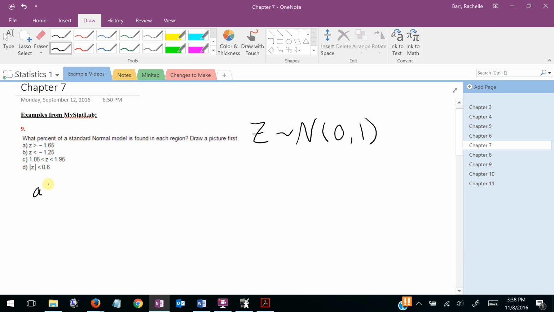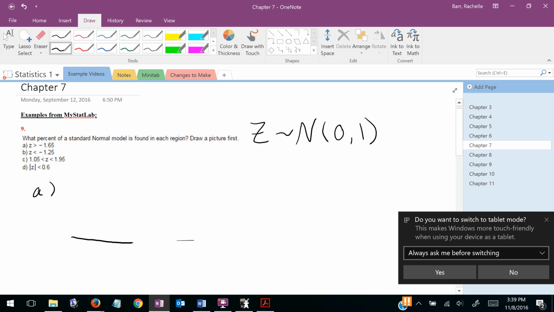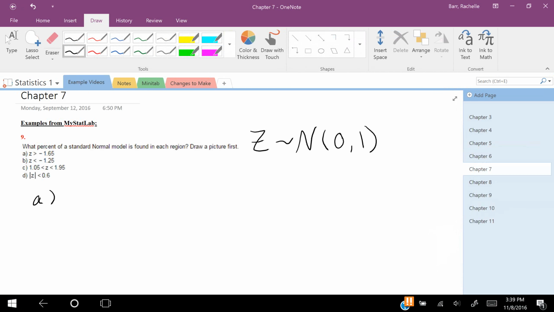So I'm just going to go ahead and start drawing this standard normal. Come on, draw straight. That's not doing so well. Hold on, let me flip this over. Auto rotate is great when it works. I hate the lasso eraser. I wish it wouldn't do that. Alright, so straight line. I'm going to draw a fairly good normal curve here.